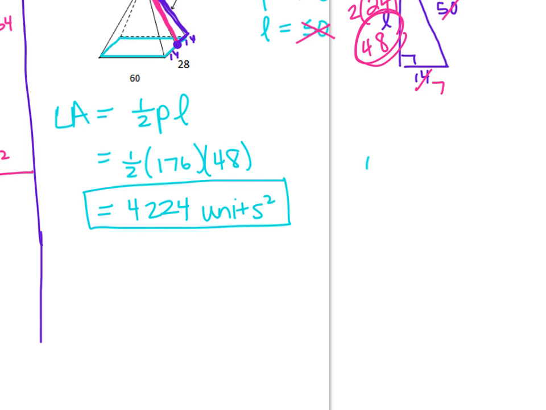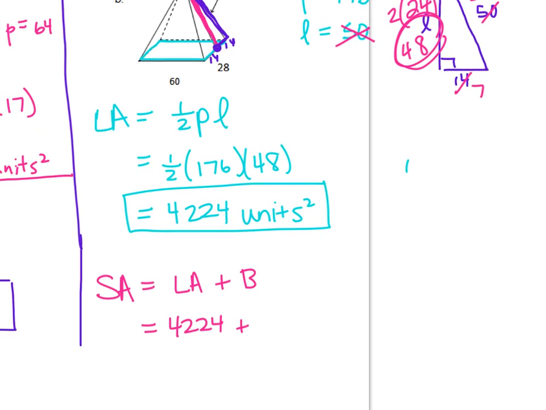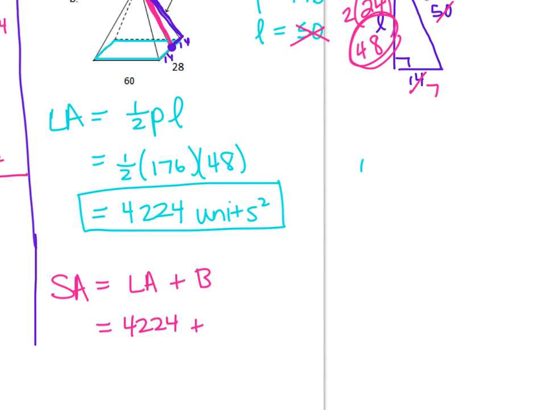All right. So now we can go ahead and find the surface area. Because we just found the lateral area, remember surface area is lateral area plus the area of the base. Our lateral area is 4,224 plus, now the area of that base, if we look at our base up here, there we go, it's 60 by 28, so the area of our base is going to be 60 times 28, just finding the area of that rectangle.